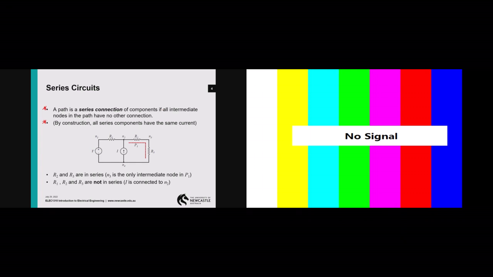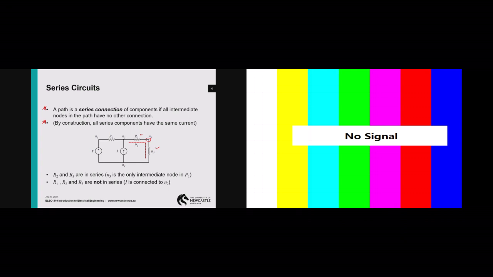And after understanding parallel circuits, the next one will be a series circuit. A path is a series connection of components if all intermediate nodes in the path have no other connection, okay? So we look at R2 and R3, they are connected by node 3 here, right? So is this a series connection?